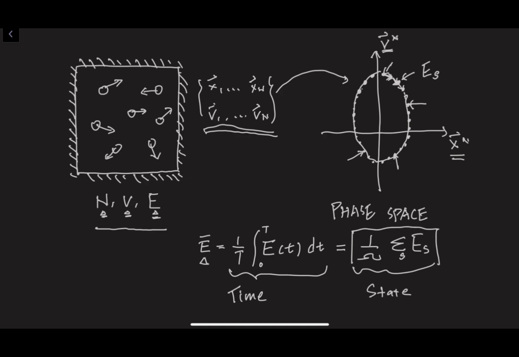It doesn't really matter whether you go through this in a sequence or you just sample the states in a random fashion. Now this is the idea of the ensemble average. We want to compute some average property of the system, which depends on the states. A more intuitive way to do this is to get a time average. But as time goes on, the system is visiting different states in the phase space, so the time average is equivalent to the state average.